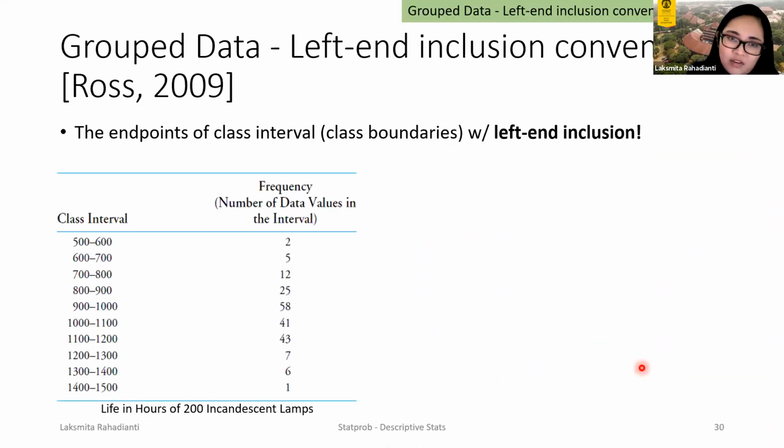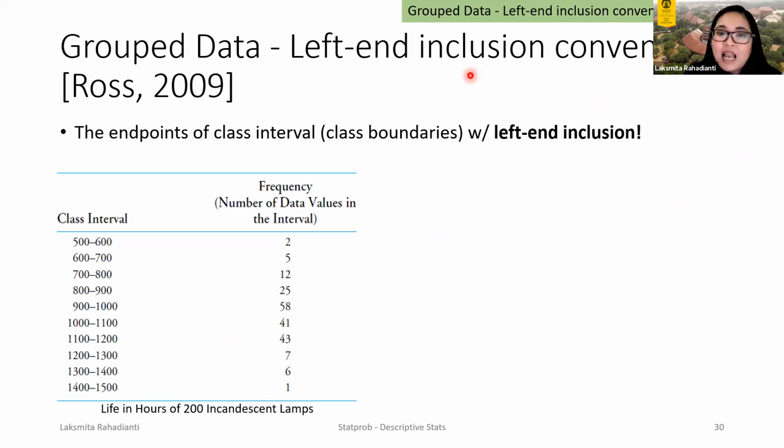So let's look at the first one, the left-hand inclusion convention by Ross. More or less, when I divide a class interval, I'm talking about all possible data points that have a value between 500 and 600, 600 and 700, and so forth.